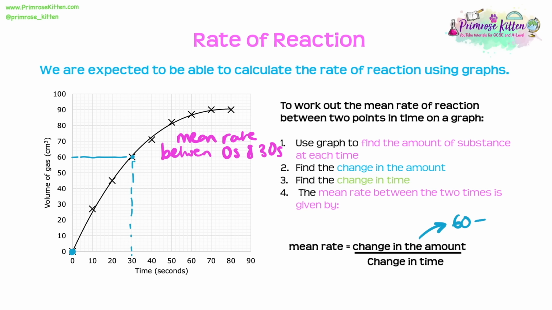So the change in the amount is going to be 60 minus 0, and the change in time is 30 minus 0. Now that we know this, we can work out what the mean rate of reaction is. We can say that the mean rate is going to be equal to 60 divided by 30, and that simplifies down to give us 2 centimetres cubed per second. Make sure that you're always careful of the units by looking at what the axes on the graph are in.